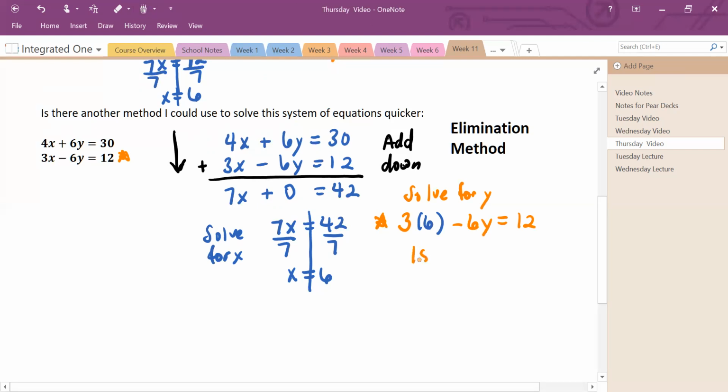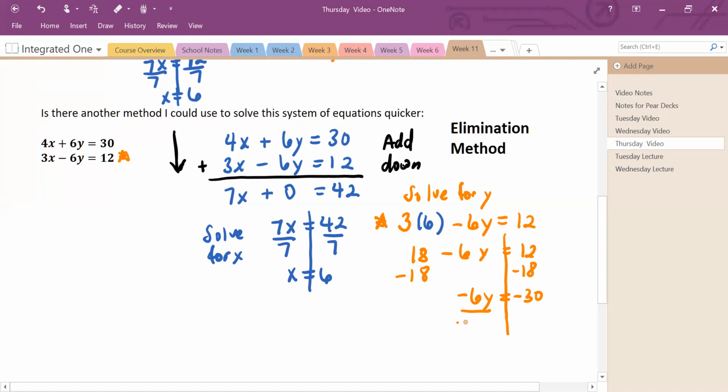So we have 18 minus 6y is equal to 12. And if I subtract 18 from both sides, I get negative 6y is equal to negative 30.